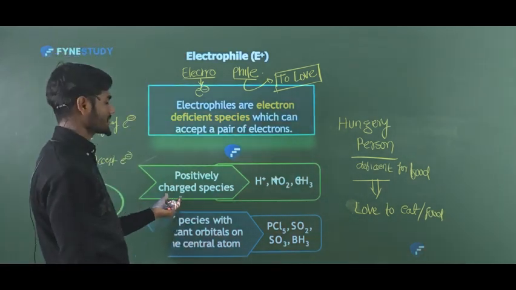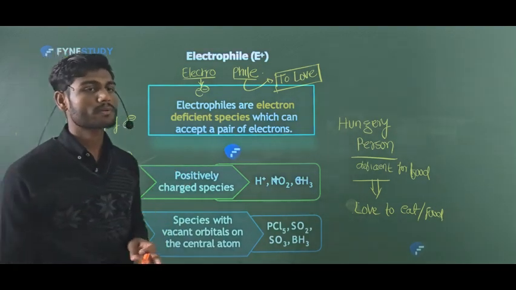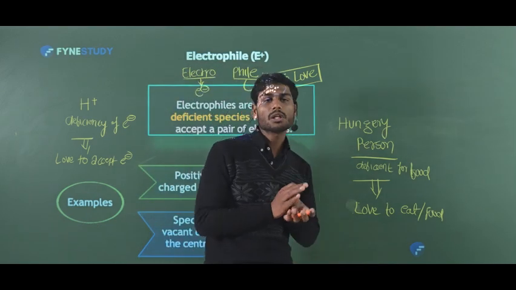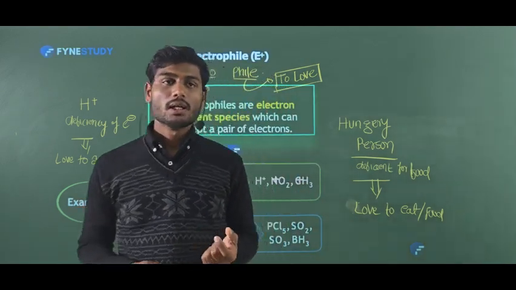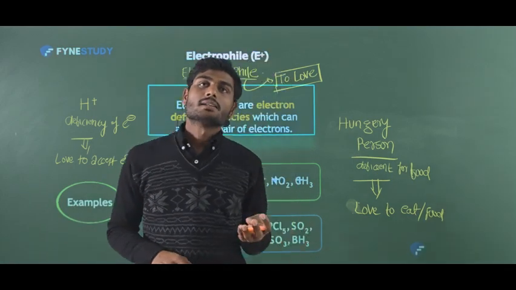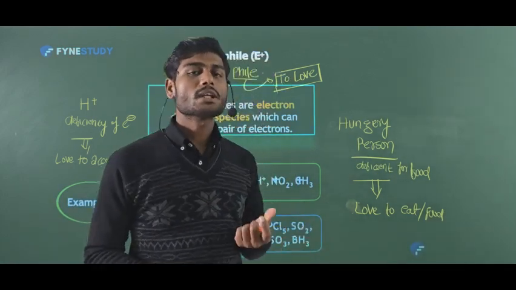Now electrophiles are most probably positively charged. If a molecule loses electrons, then that molecule gets a positive charge, which means that molecule is electron deficient.